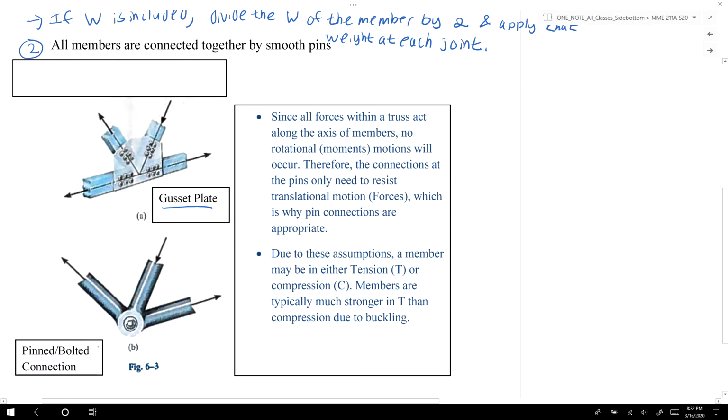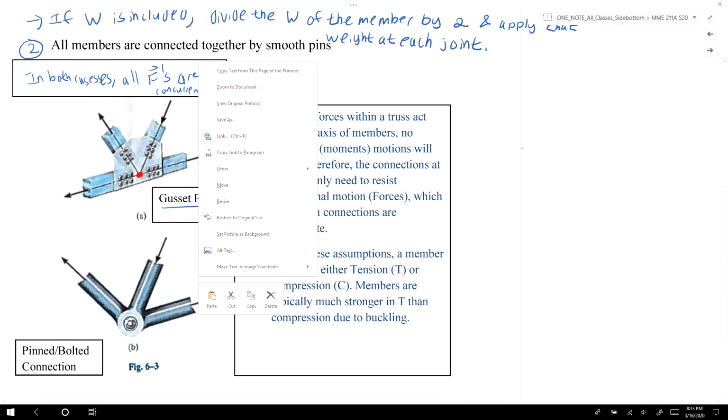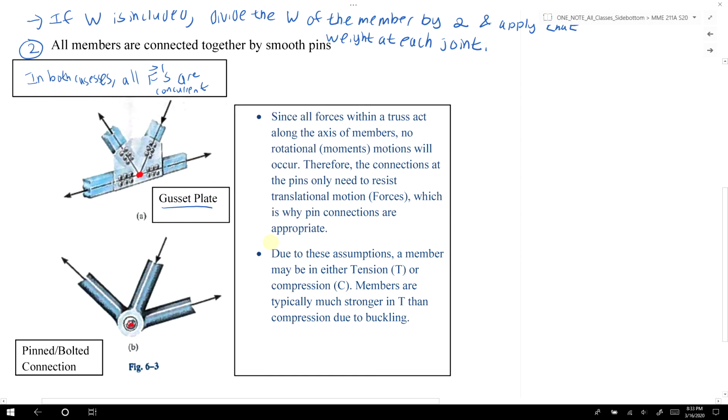In either case, all forces are concurrent, which means that all the forces go through a common point. All the forces are going through the joint directly.